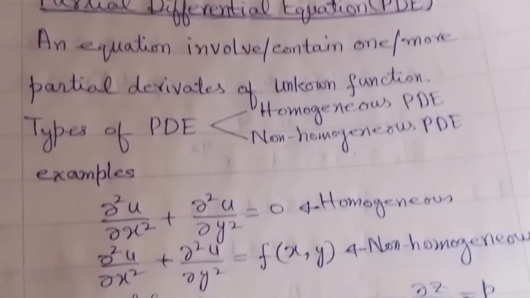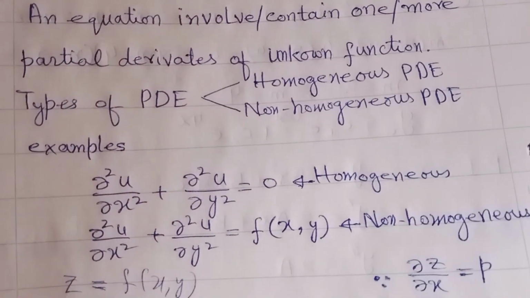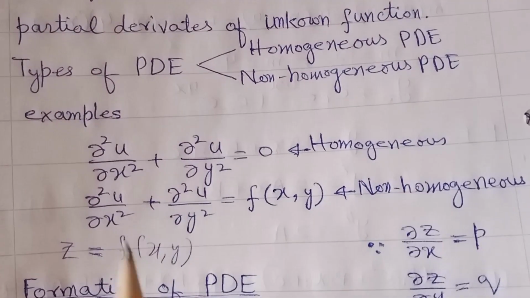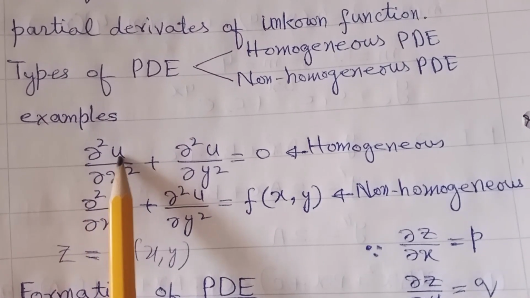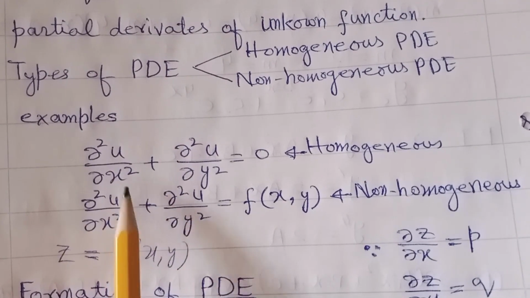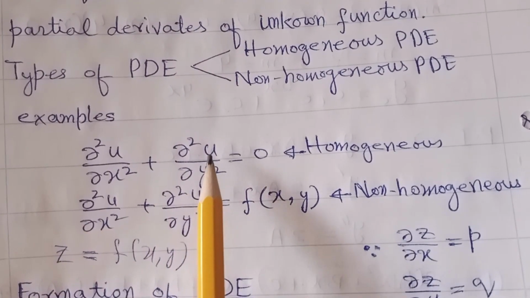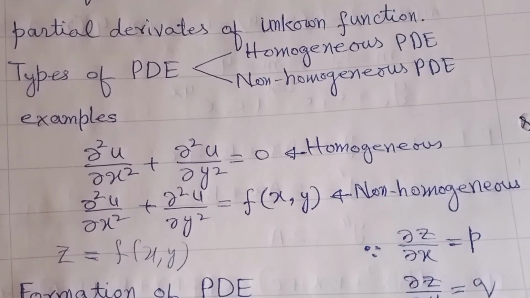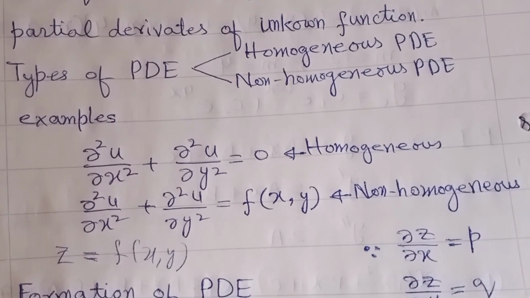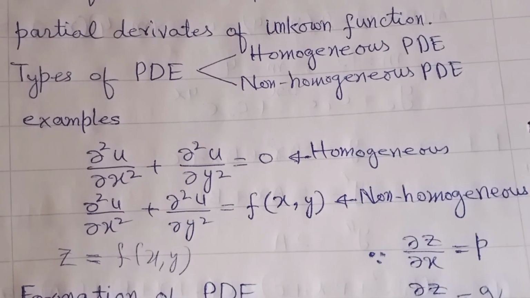If we have a function here, you can see in the example we have a partial derivative of function u with respect to x, and a partial derivative of function u with respect to y. So we have two partial derivatives of function u with respect to two different variables.